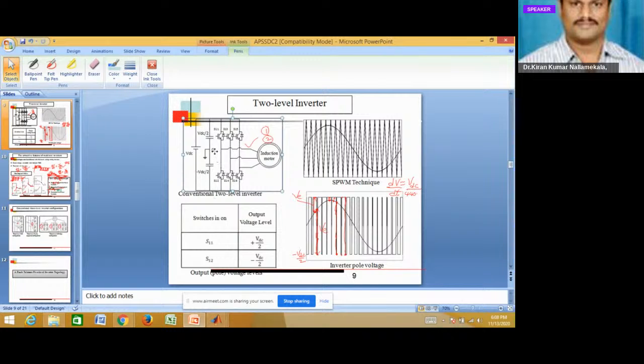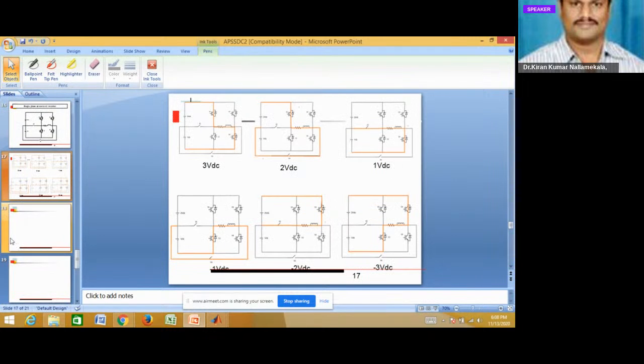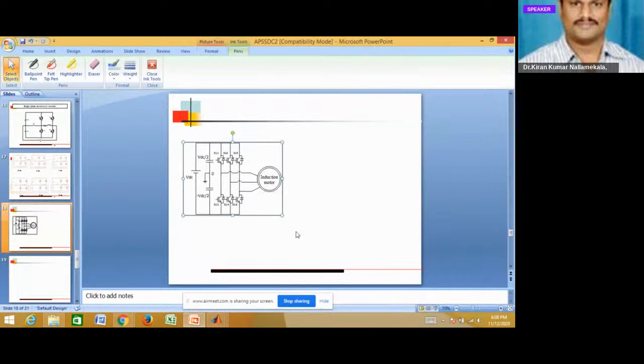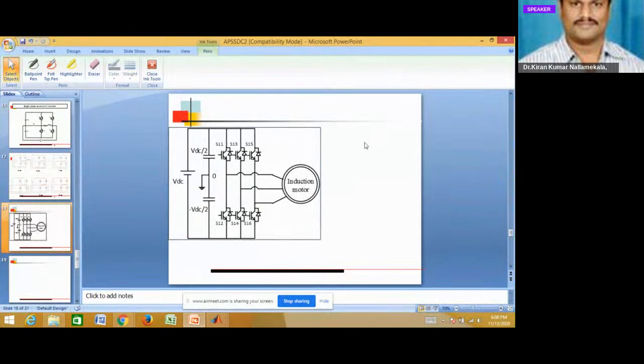Here, S11 and S12 are forming one phase.